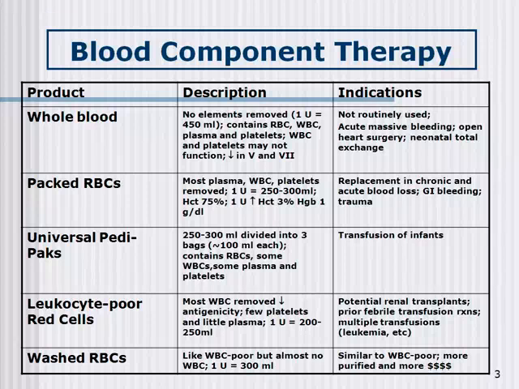Leukocyte-poor red cells and washed red blood cells are for patients that may have immunosuppression. They are patients that may have had solid organ transplant. They've had prior febrile transfusion reactions, patients that are going to need multiple transfusions over a long period of time, patients with leukemia, for instance.